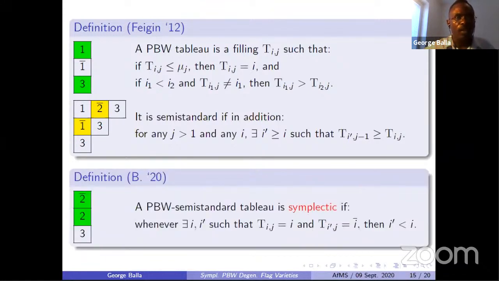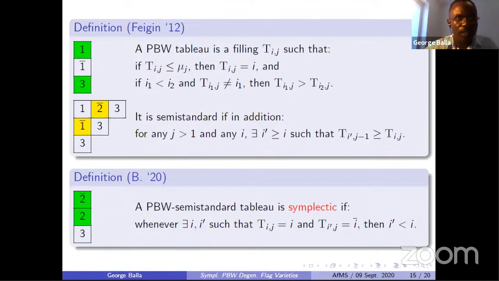And now what we found out in our work is that beginning from such tableaux, one can arrive at a set of tableaux for the symplectic case by imposing an extra condition.